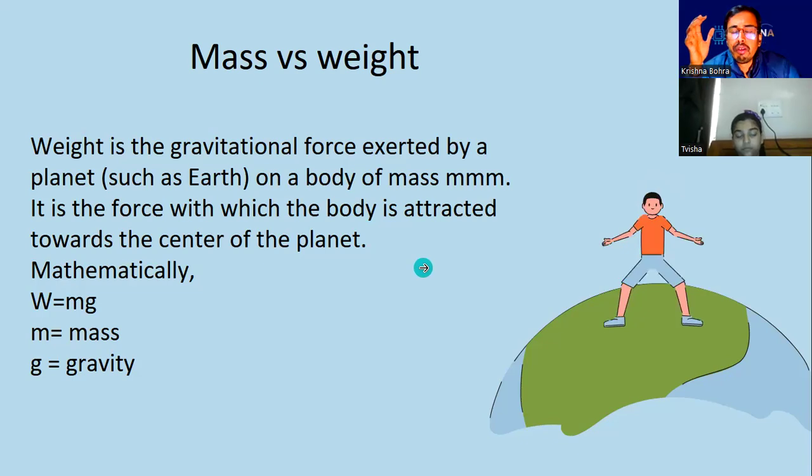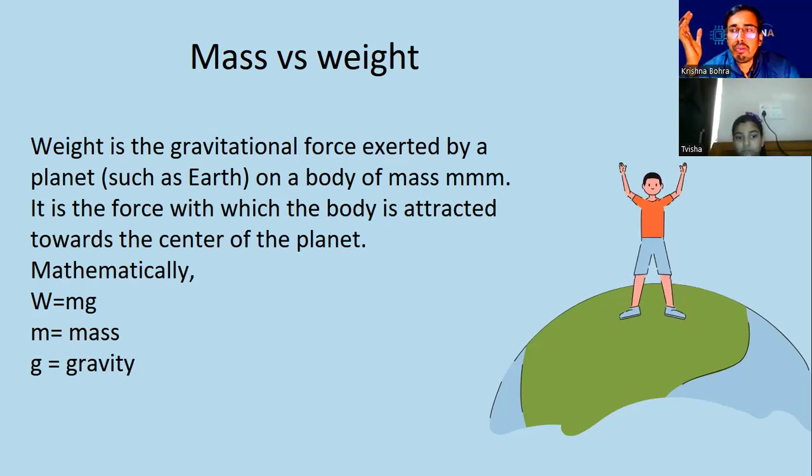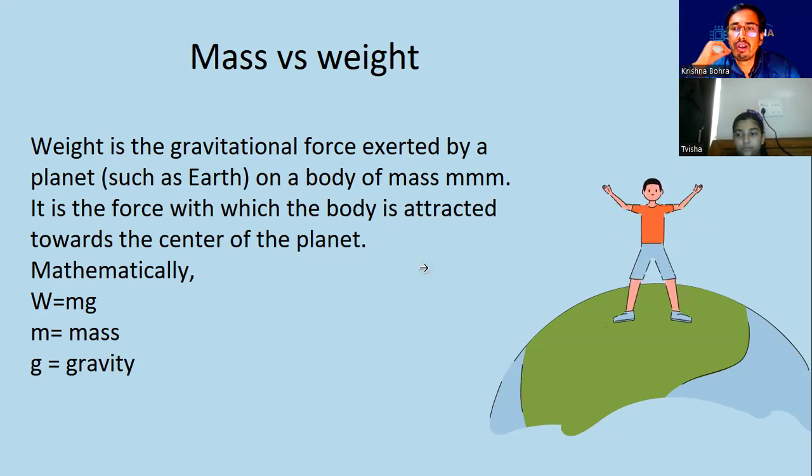We can take an example of a human being. What is a human being made up of? The building block of the human being, what is it? The cell. So if somebody asks what is the mass of a human body, we can say it is the number or amount of cells present inside the body, right?